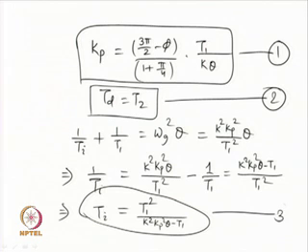So, this is the third formula. Using formulas 1, 2 and 3, it is possible to estimate all the parameters of the PID controller in terms of the unstable second order plus dead time transfer function model. Okay.